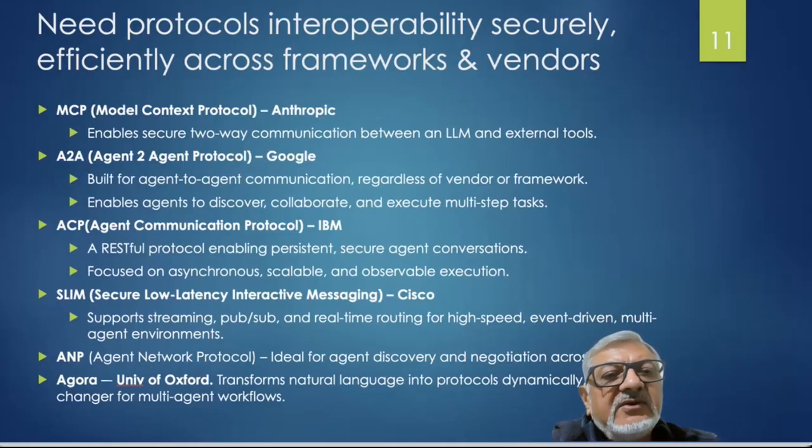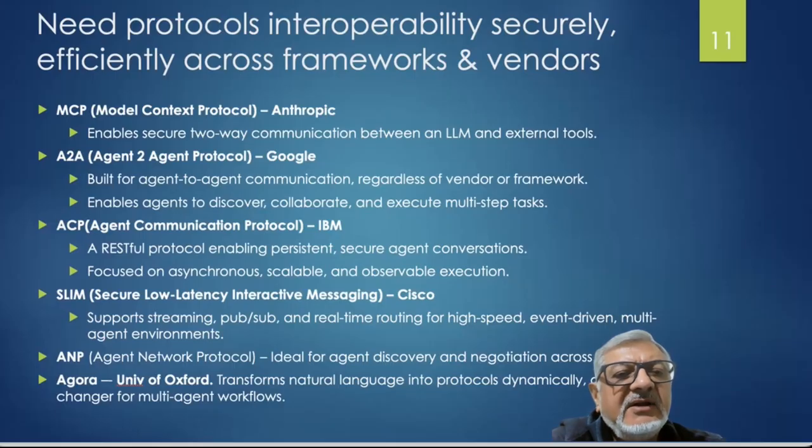It enables agents to discover, collaborate, and execute multi-step tasks, whereas IBM has the ACP protocol, Agent Communication Protocol, which is a RESTful protocol enabling persistent and secure agent conversation. The focus of ACP is more on asynchronous, scalable, and observable execution.